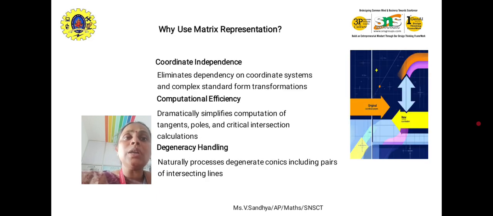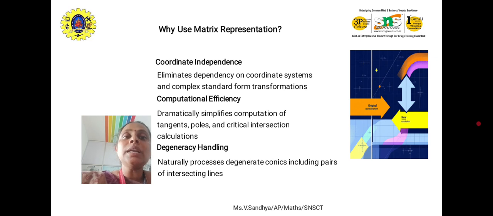Next, why use matrix representation for conic bridges? Here we want to discuss coordinate independence, computational efficiency, and degeneracy handling. In coordinate independence, we work in any coordinate system without a complex standard-form transformation. In computational efficiency, it dramatically speeds up the computation of poles and the critical intersection calculations.